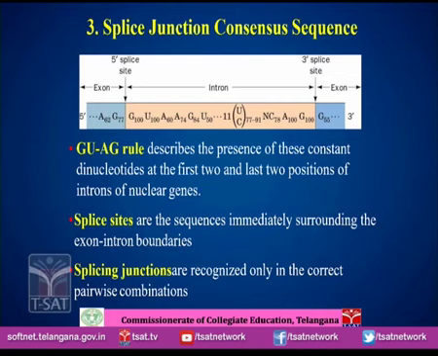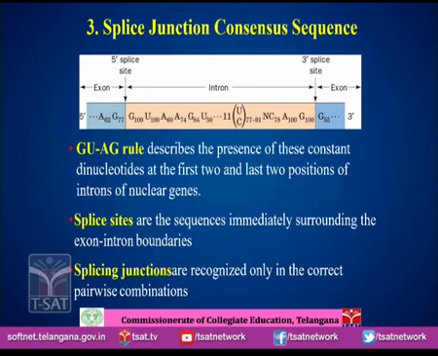So the splicing site is at the 5 prime side, another splicing site at the 3 prime side, and in between there is a branch point in the intron. Clear? Generally this is called the GU-AG rule.